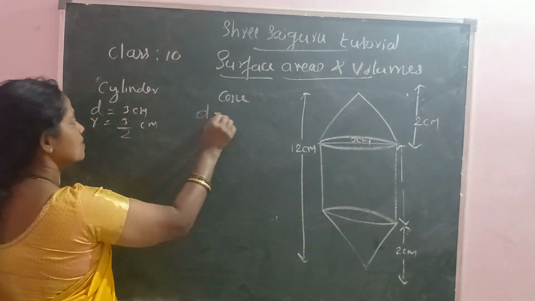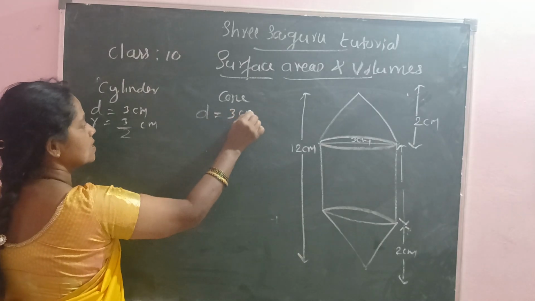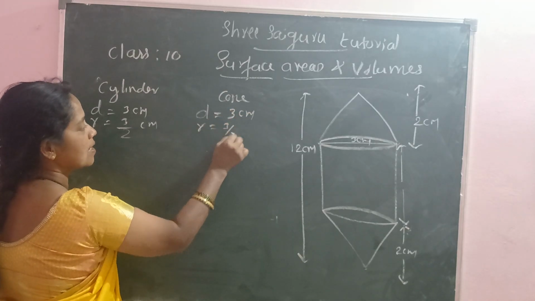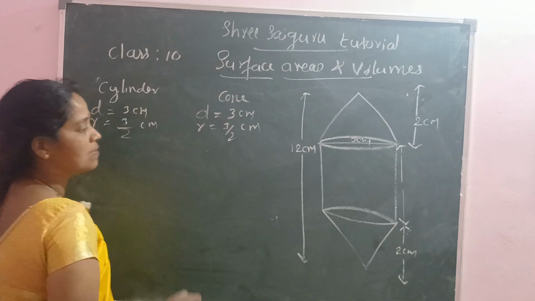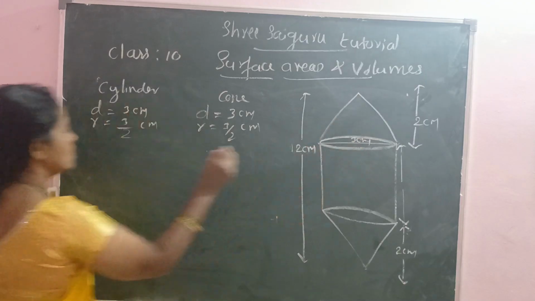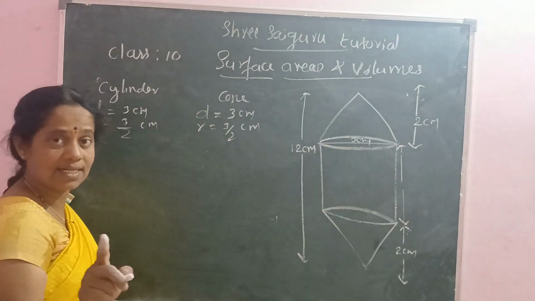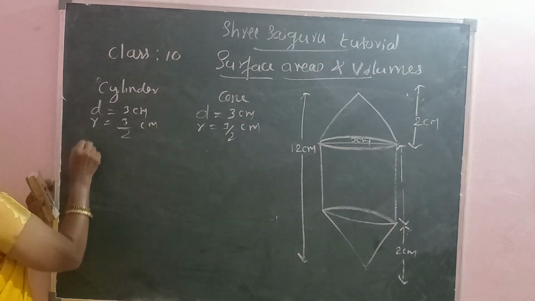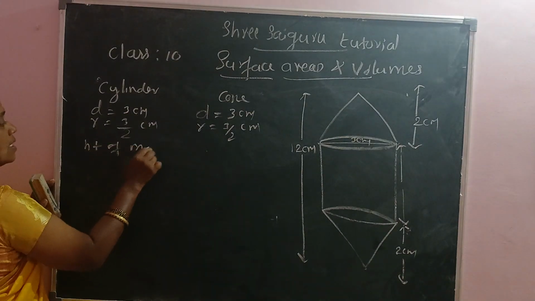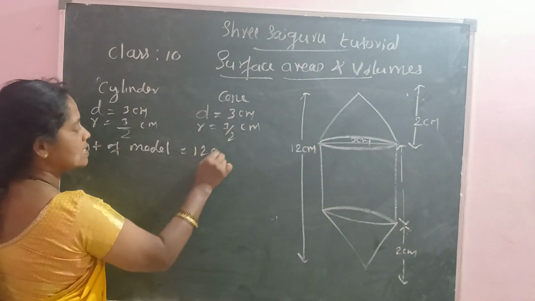So the diameter of the cone is also 3 centimeter and the radius is 3/2 centimeter. And the height of the cone is given, and the total height of the model is also given. The height of the model is equal to 12 centimeter.